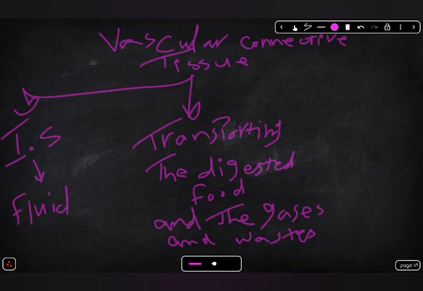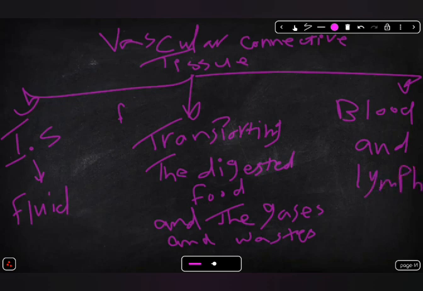Okay, this is the function of the vascular connective tissue. The site, or it include the blood and lymph. The lymph is a liquid, very important for my immunity.